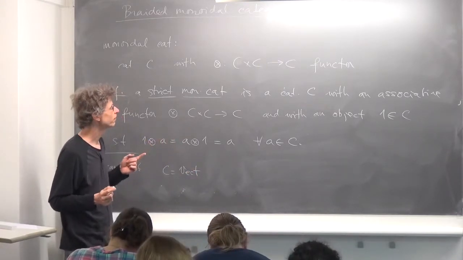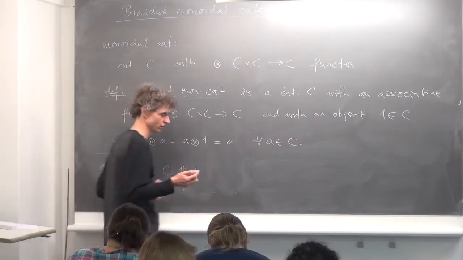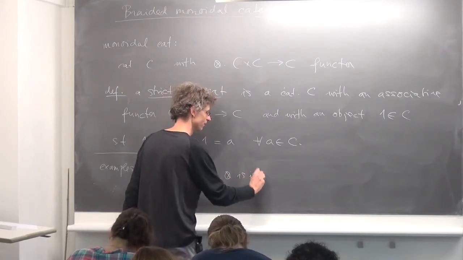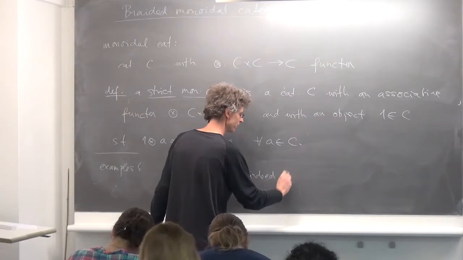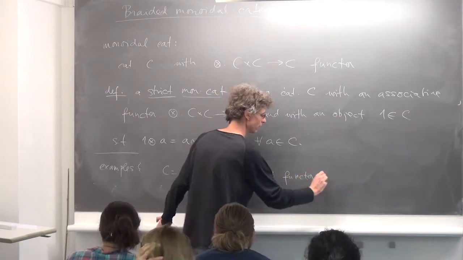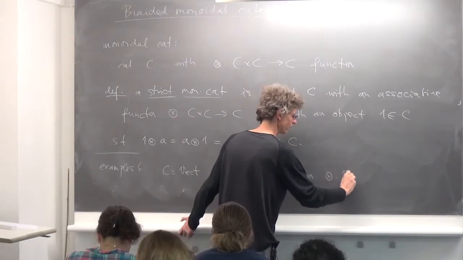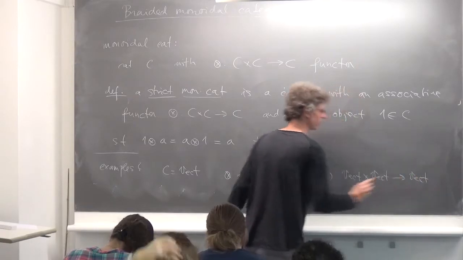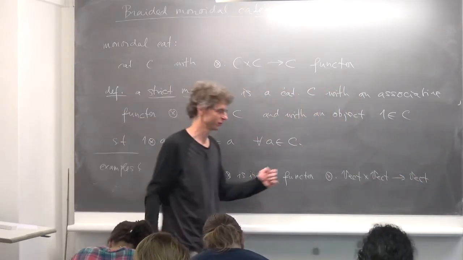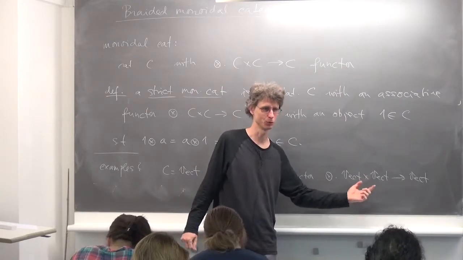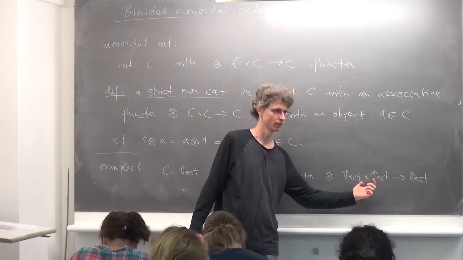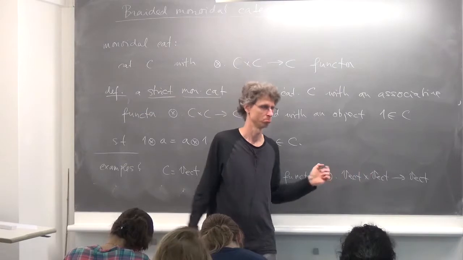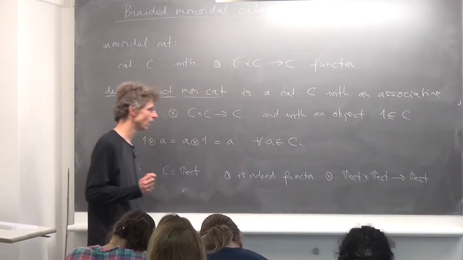Then we certainly do have the tensor product of two vector spaces, and that's a functor going from vector spaces times vector spaces. I know it's elementary, but it's good to say explicitly: it involves that we can take the tensor product of two objects, but we can also take the tensor product of two morphisms. Being a functor means really that.